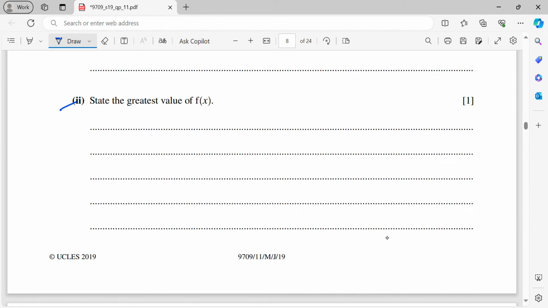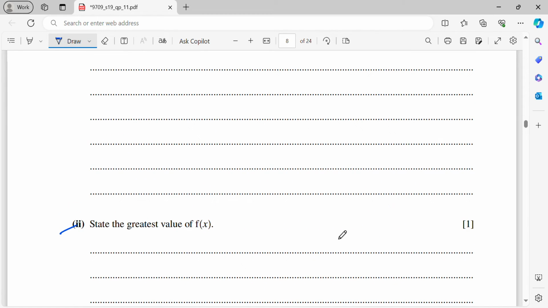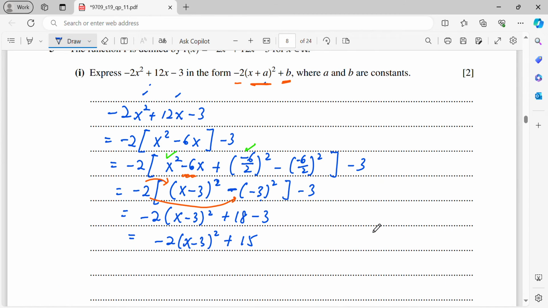Now, number 2, state the greatest value of f(x). So the greatest value of f(x) is basically referring to the y value of the vertex, right? So from here, I know that it must have a maximum point because the coefficient for x squared is negative, right? And then the y value just refers to the plus b. So therefore, that is 15.